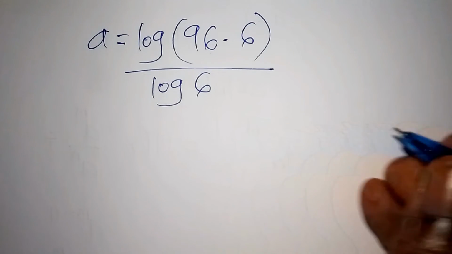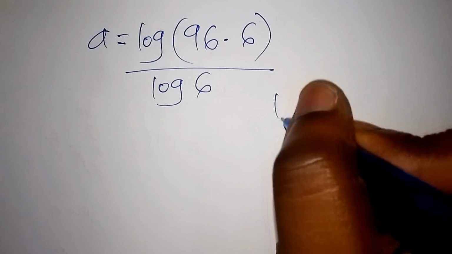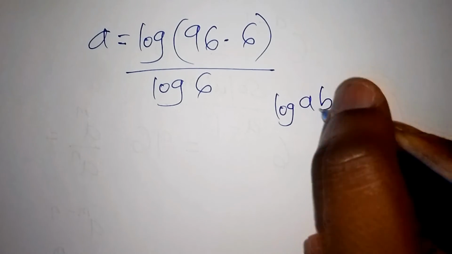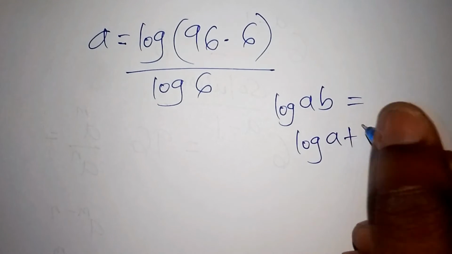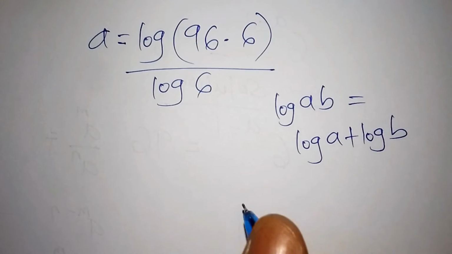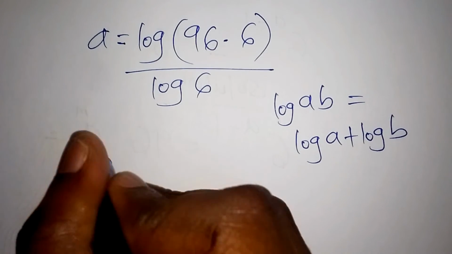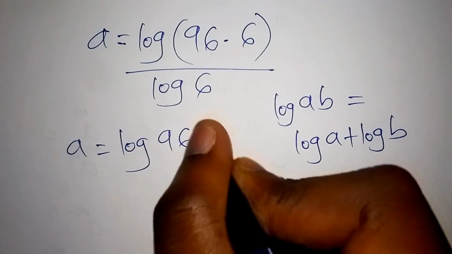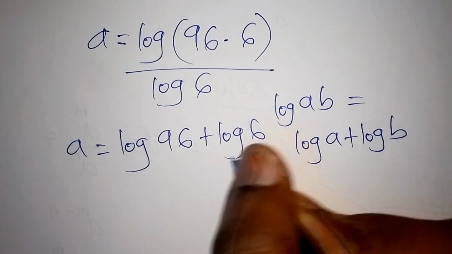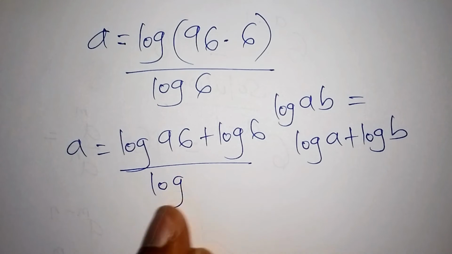The next one, we shall say that before we work it out, when you have the log of ab, this can also be written as the log of a plus the log of b. In simple terms, our a in this case is equal to the log of 96 plus the log of 6 all over the log of 6.